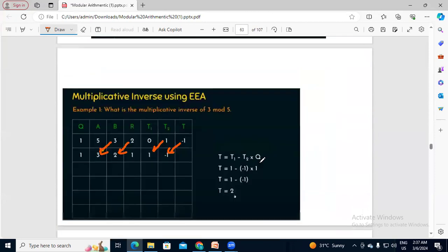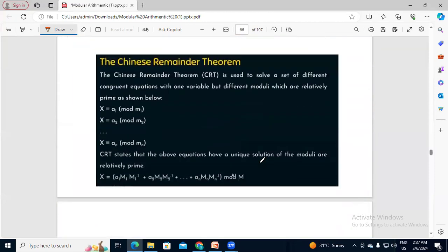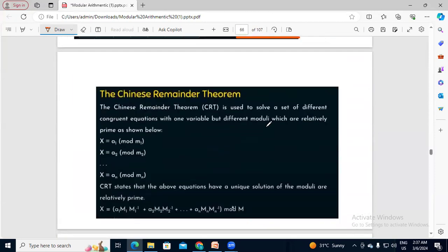Moving on, the next concept is the Chinese remainder theorem, CRT. The way we solve equations, we have the x and y values; if someone asks you to calculate the x value or the y value, then you can solve that equation.